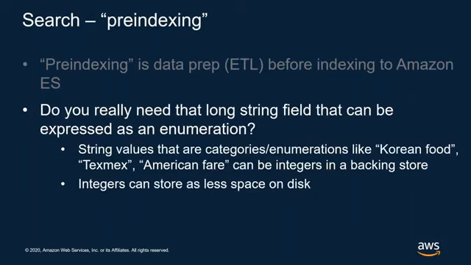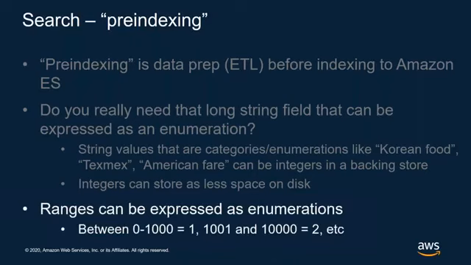VPC flow logs have fields called no data or allow or deny, and these can be expressed as integers. So it's much more efficient from a storage perspective to express things as integers, and then your application can wrap and do the mapping from an integer to a nice pretty string field in your application. And integers actually store as less space on disk, and they're a little bit more performant when it comes to searching.